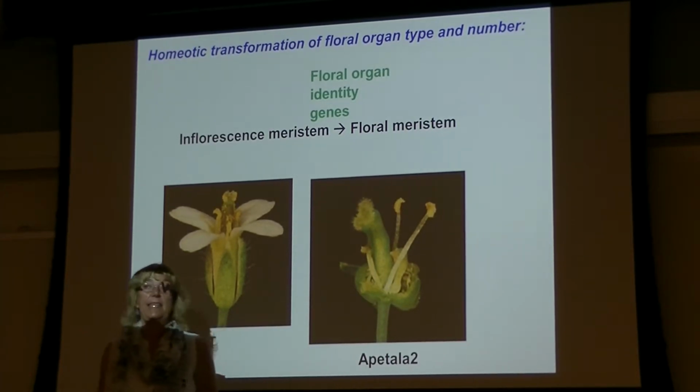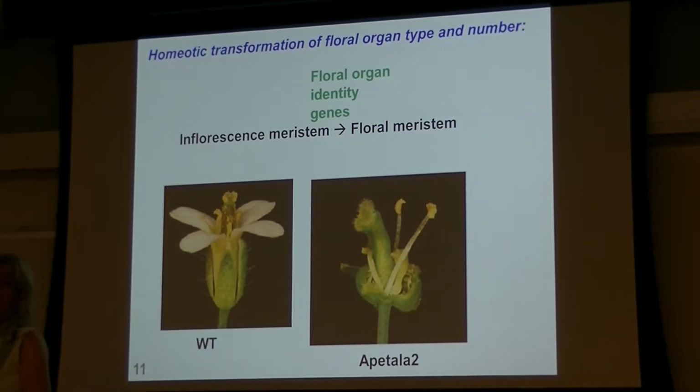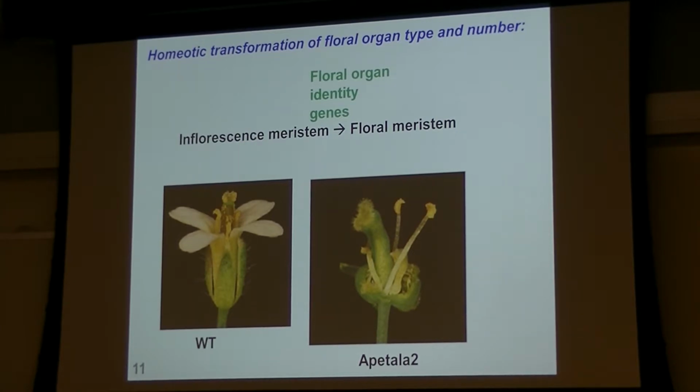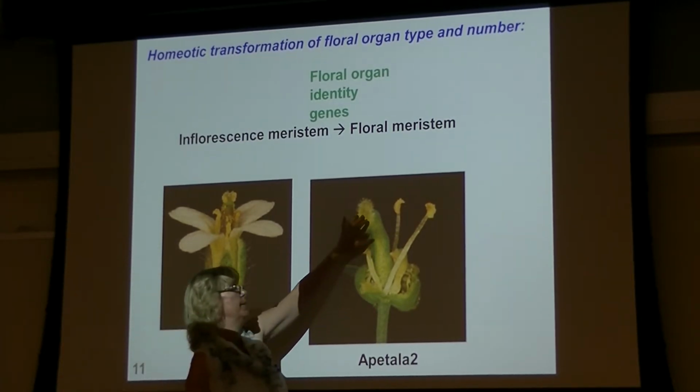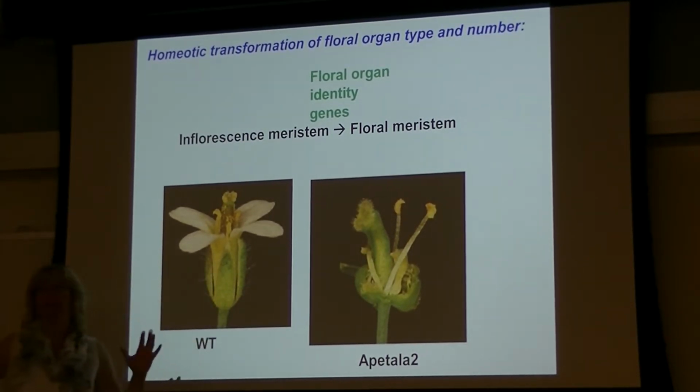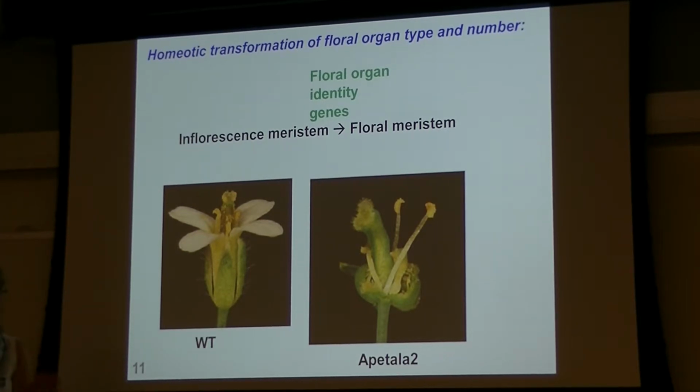Then they actually have 2 rings of stamens instead of just one. And then they have a carpel structure in the middle. So at least the 2 outer whorls in this plant have been changed from being sepals and petals into being carpels and a second layer of stamen.